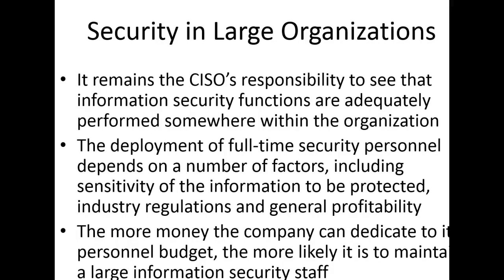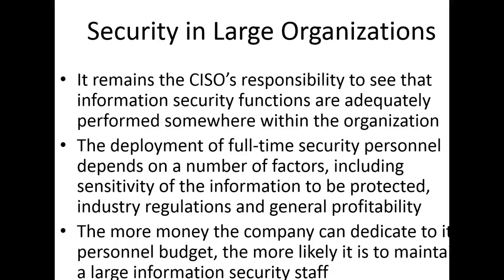So this is basically how you can staff a large organization. The Chief Information Security Officer is responsible for overseeing the information security functions and making sure that they are adequately performed in the organization. The deployment of full-time security personnel also depends on different factors, such as the sensitivity of the information to be protected, industrial regulation, and general profitability.